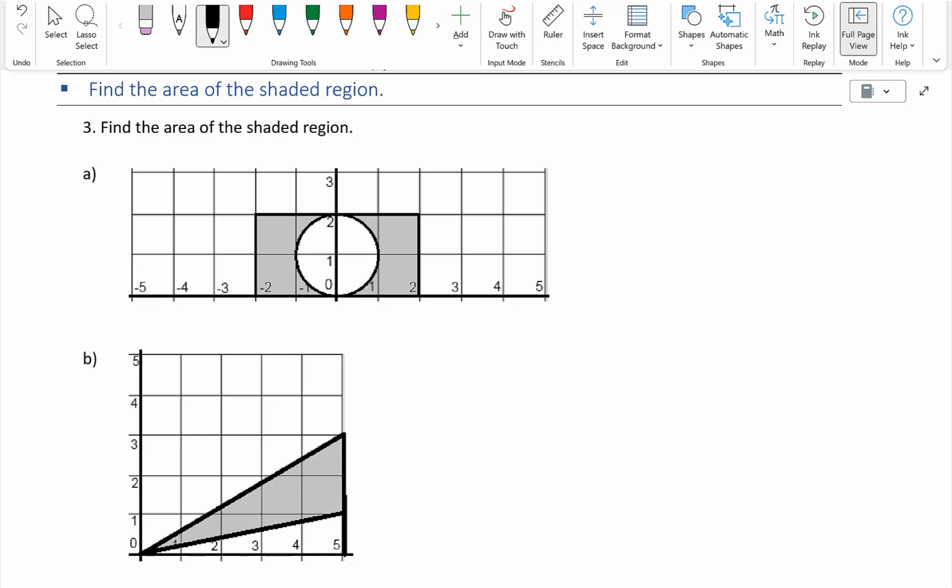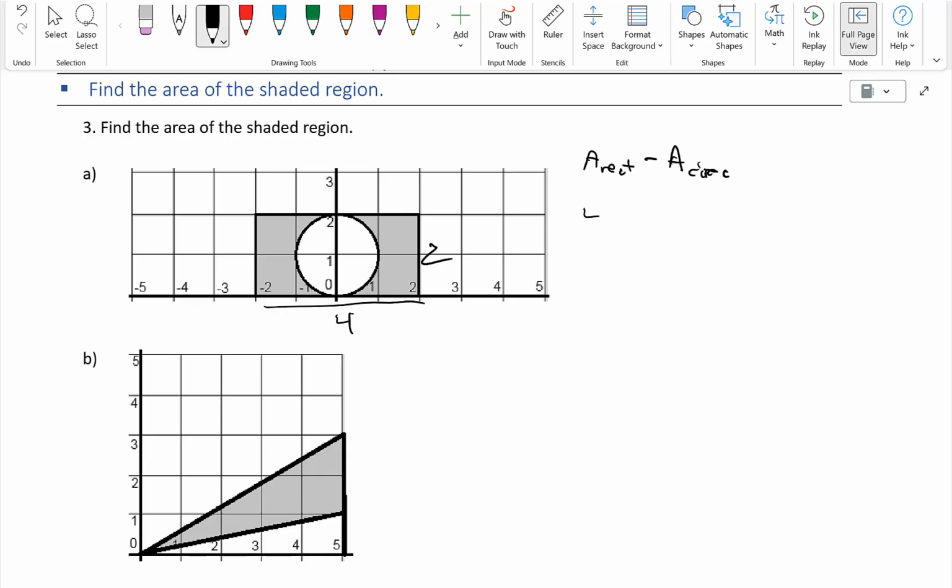To find the area of the shaded region, we can see that we have a rectangle with a circle inscribed in it, and that circle is not part of our shaded region, so we can get the area of our big box, which is 4 units by 2 units, and subtract off the area of the circle that's not shaded in.